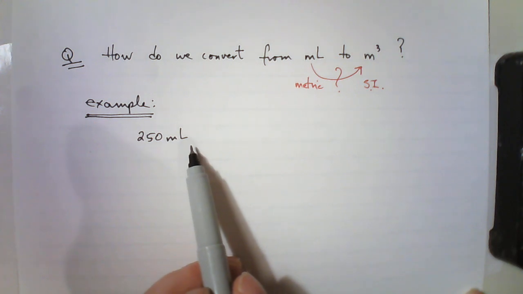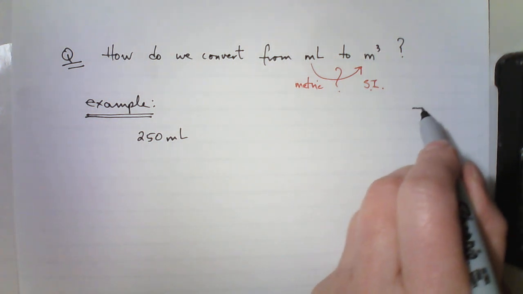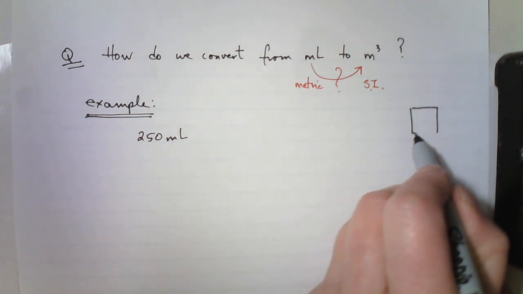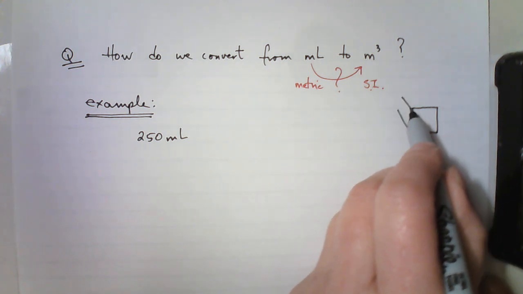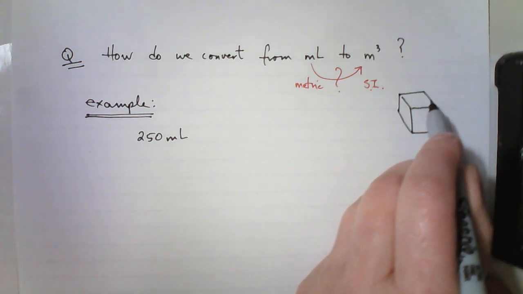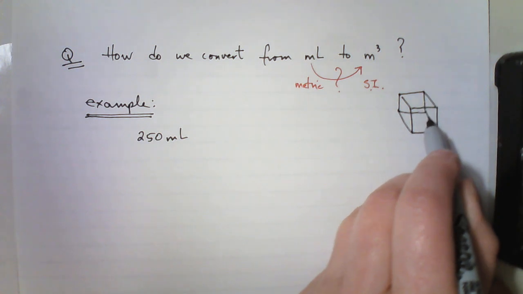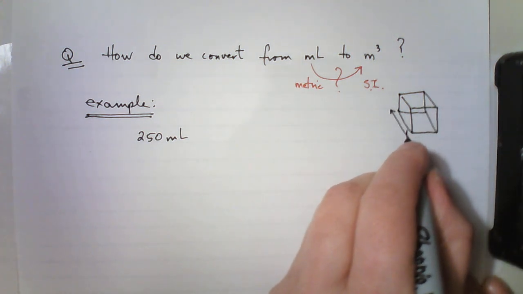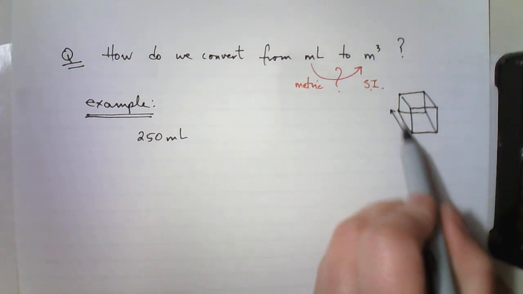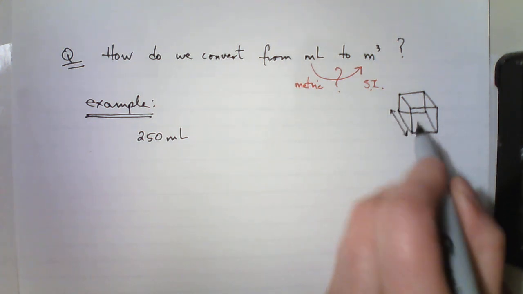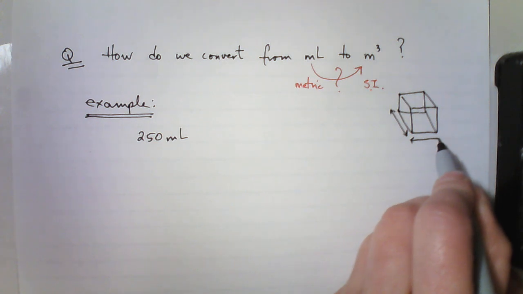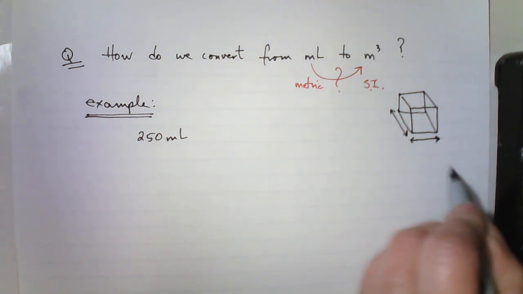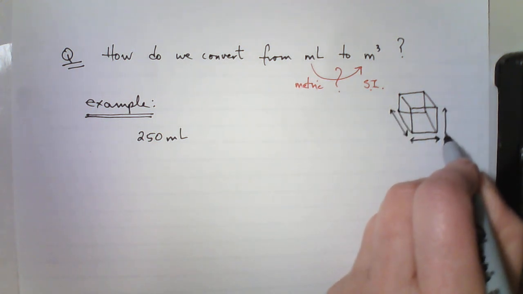Well, keep in mind that a cubic meter would be a cube. Let's draw a cube. My best attempt at drawing a cube. It would be a cube that is 1 meter, so about 3 feet, 1 meter this way, 1 meter deep, and 1 meter high.